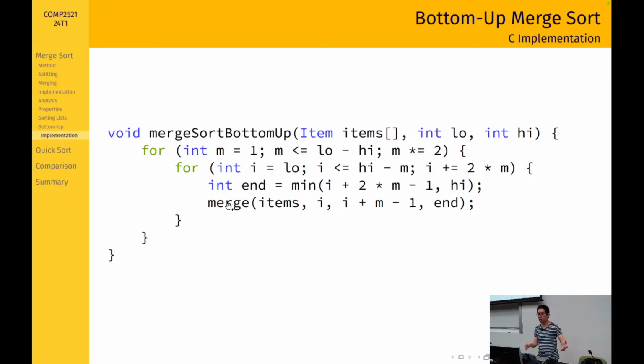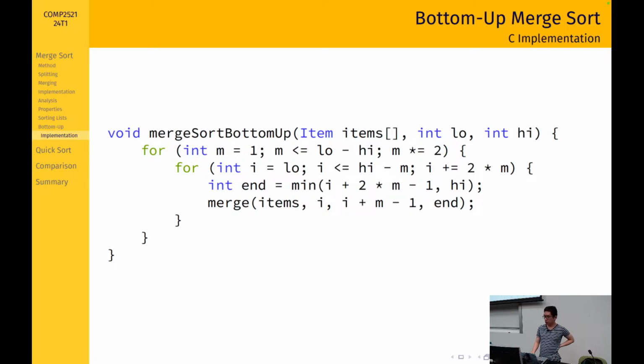And then we call the merge function, right, which takes integer i, index i plus m minus 1, so that's the midpoint, and end. Okay. So don't need to worry about this too much, but that's just a different kind of merge sort.